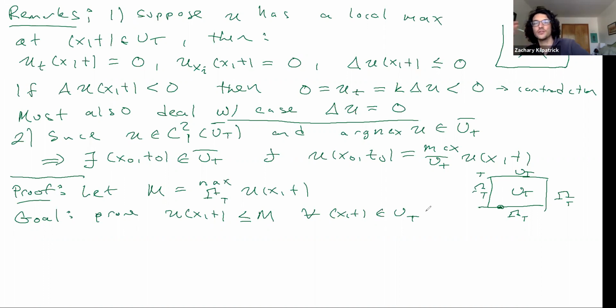So clearly you don't need a strict maximum principle in general, because you could have just a constant solution everywhere, and then the max would be everywhere, right? There is a strong maximum principle, but that's not what we're proving for now. We're proving what's called the weak maximum principle, where this is just a less than or equal to, rather than a strict less than for the interior.